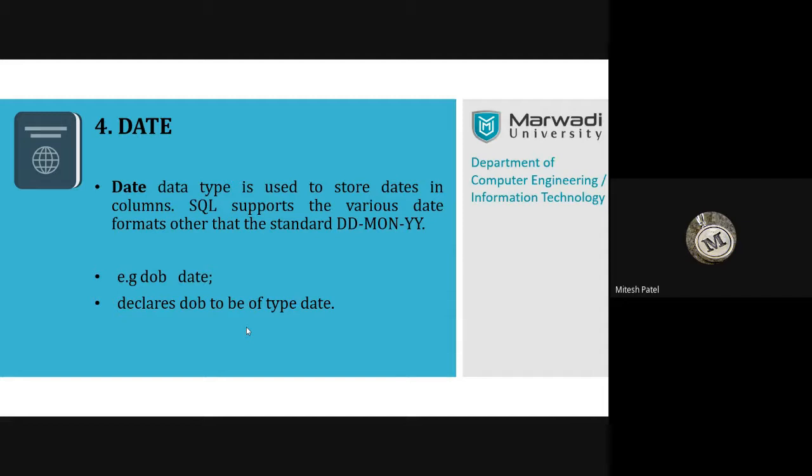There are lots of date formats. Now, as per the platform, it supports a particular date format that may vary from one platform to another, which we need to check at runtime. Okay.